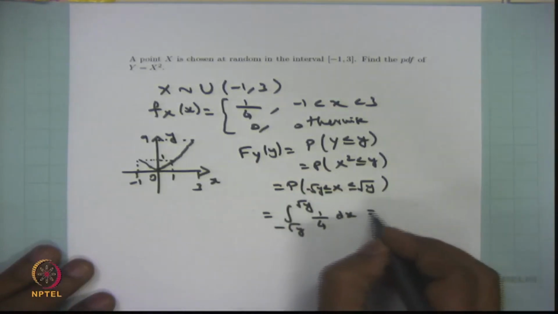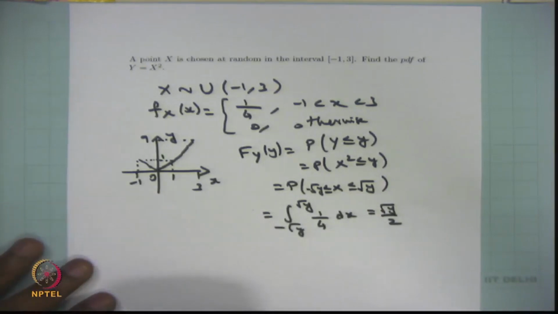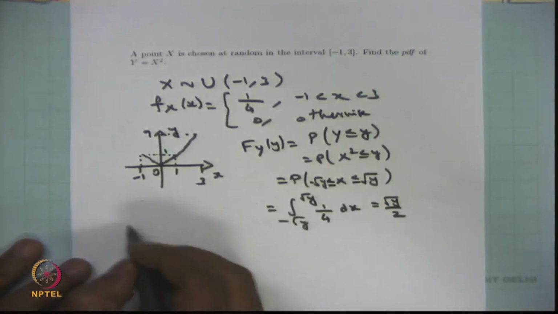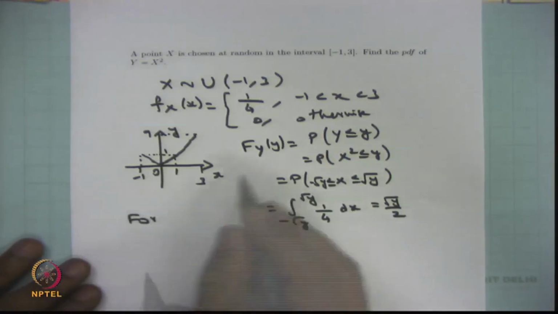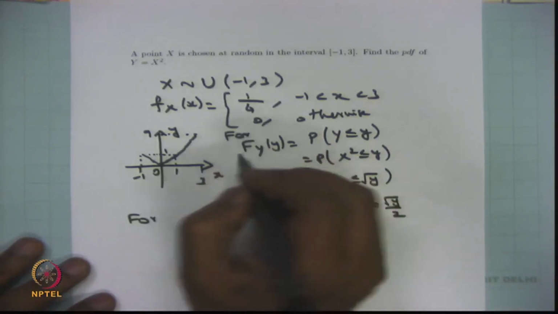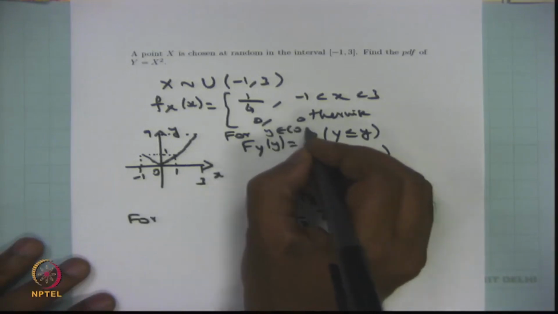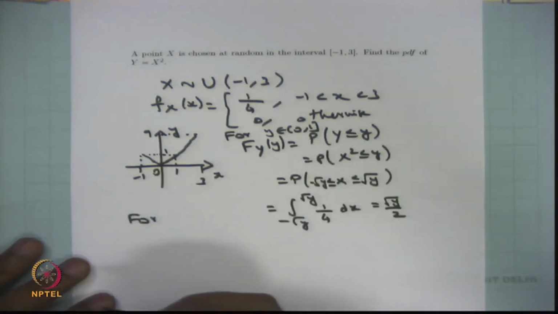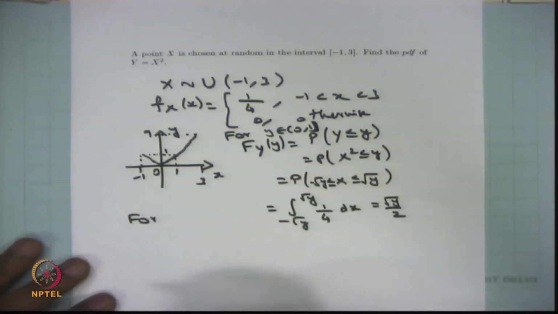You can simplify and get the answer square root of y by 2. So this is the CDF for y lying between 0 and 1, the open interval.